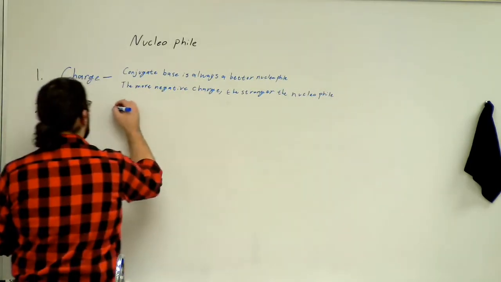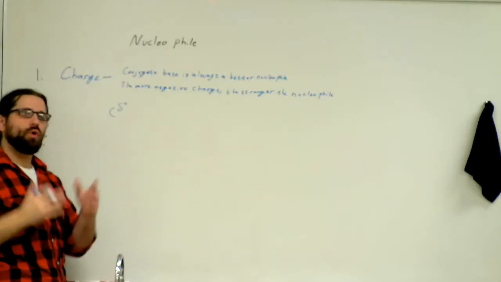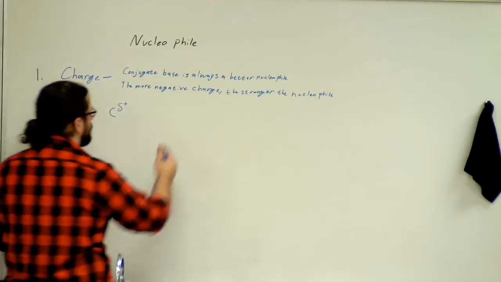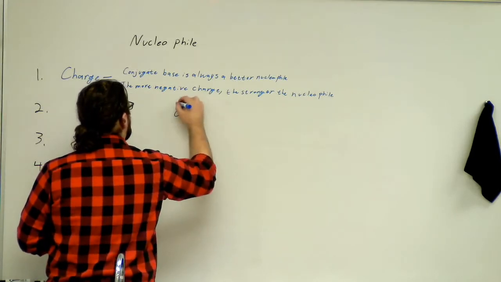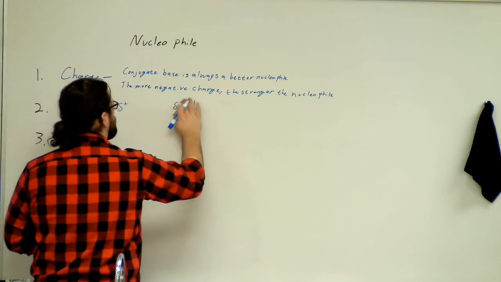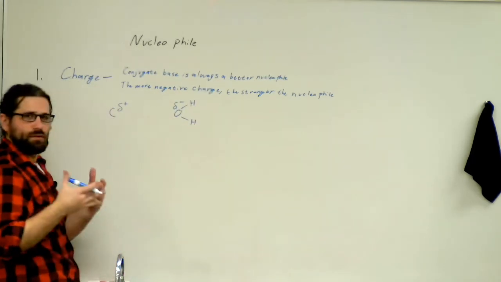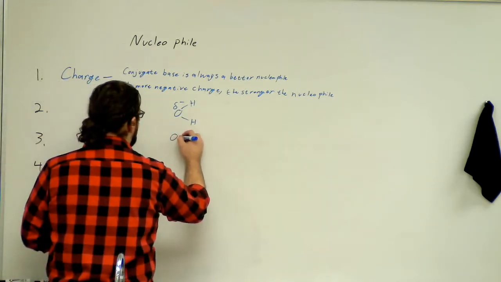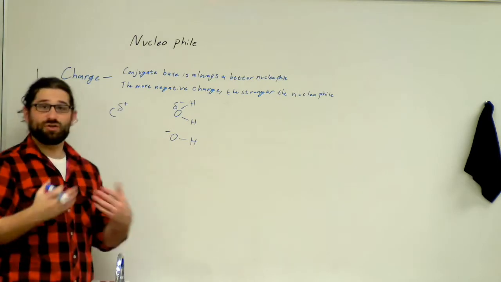We can think of that this way. If I've got that carbon that has that positive dipole, what's going to be more attracted to that positive dipole? We could say the negative dipole of a water molecule, or the straight up negative ion of a hydroxide.